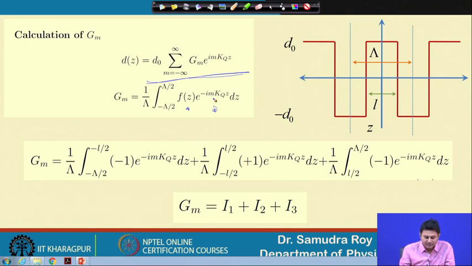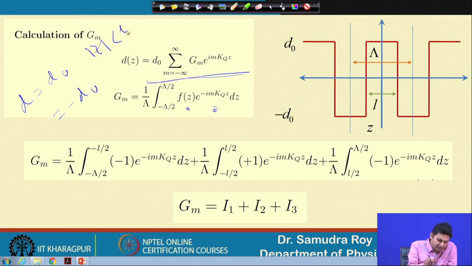So, now the function is given. d of z is given to us, which is already shown in the previous slide, that d is equal to d0 and equal to minus d0, with mod of z less than L by 2 and L by 2 in this region.